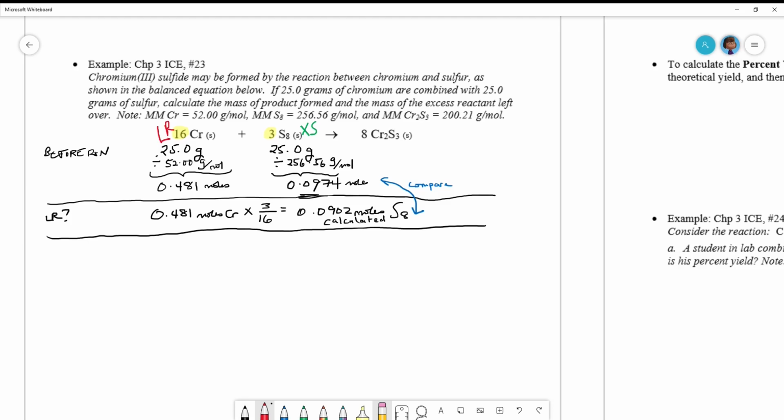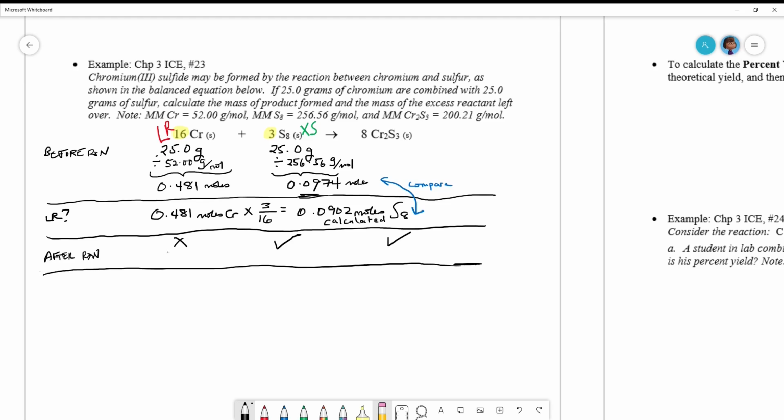Okay. Now, once we figured out the identity of the limiting reactant, we can now start analyzing what we have after reaction. Okay, so how are we going to do that? Well, let's start by saying what's there. Well, since chromium is the limiting reactant, will there be any present after reaction? No, it's all used up. However, sulfur is in excess, so we will have sulfur left over, and of course we will also make product chromium sulfide.